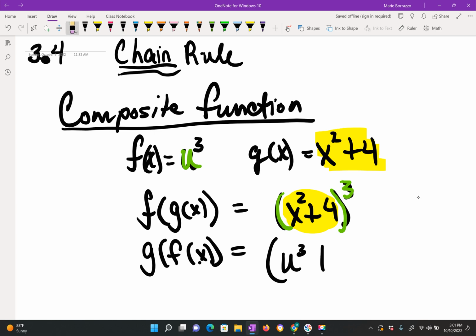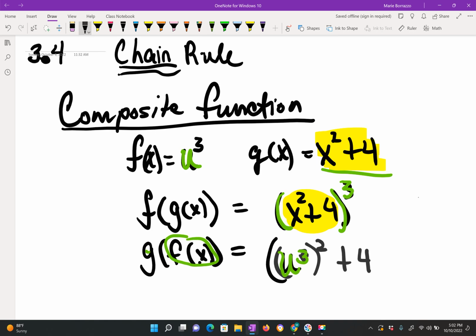The u cubed part of the function is your f of x part, and I'm inserting it into g of x, and g of x is all of this, right?